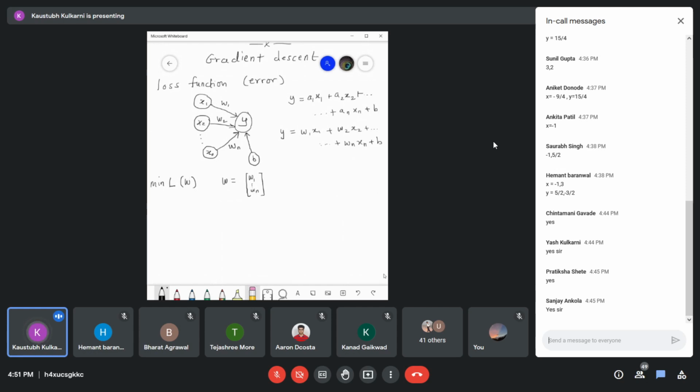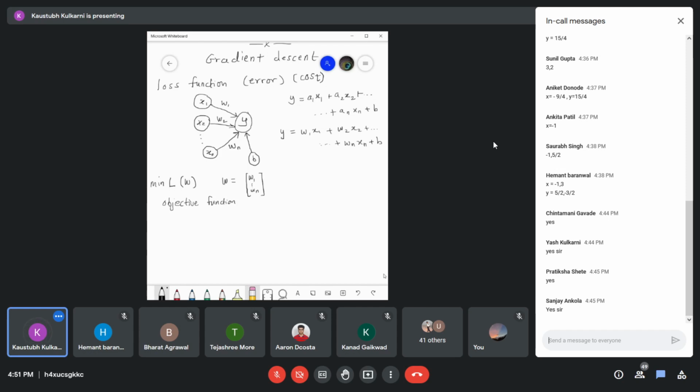So there is another name for this function. It is also called the cost function. In general, because in this module, which is named optimization, any function that you have to either maximize or minimize is called the objective function.